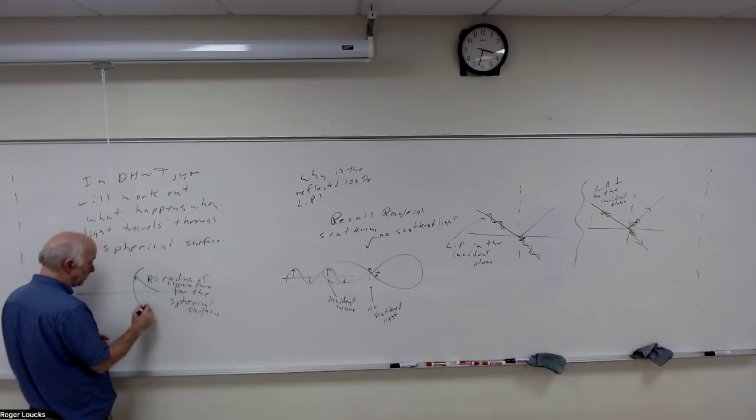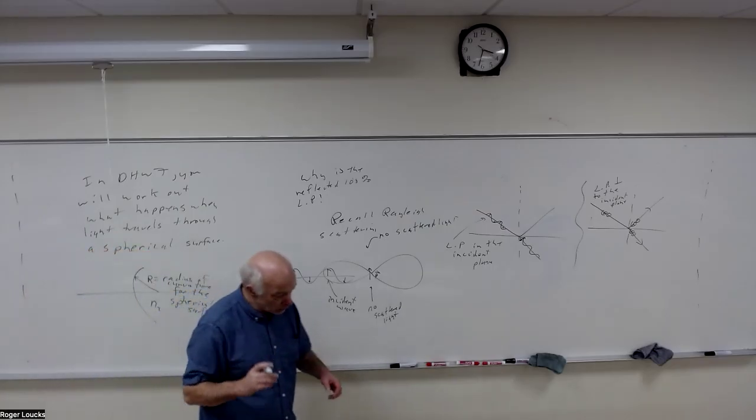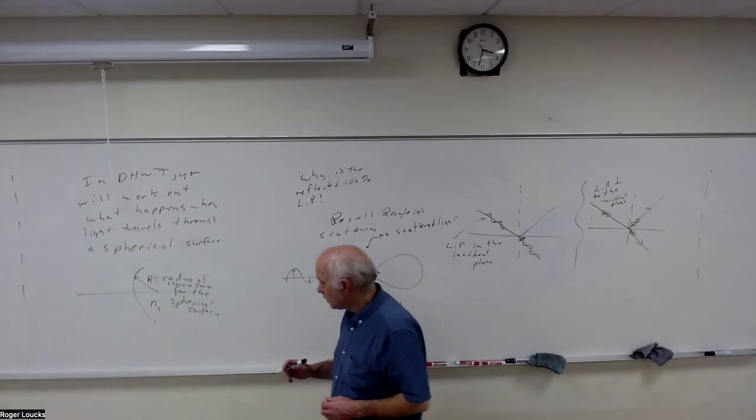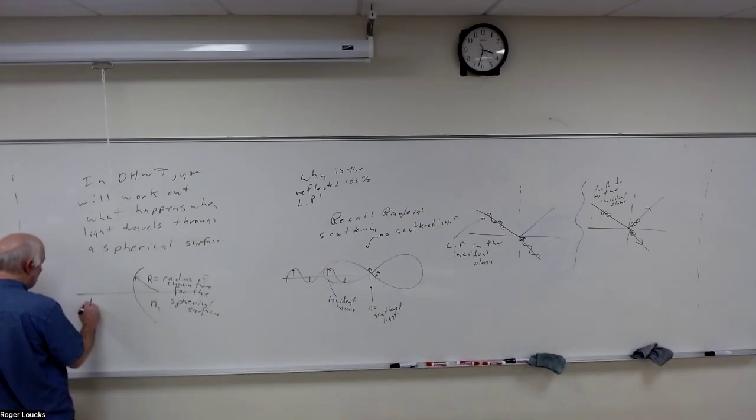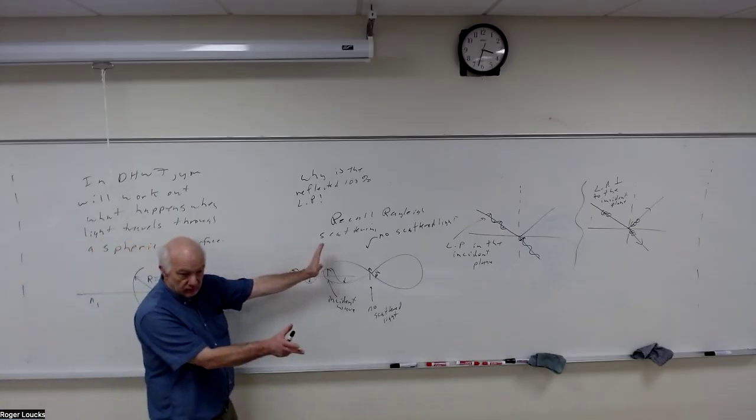This right here will have some index of refraction N2, and this will have some index of refraction N1. Imagine you rotate this, so this whole thing here is just one big piece of glass.